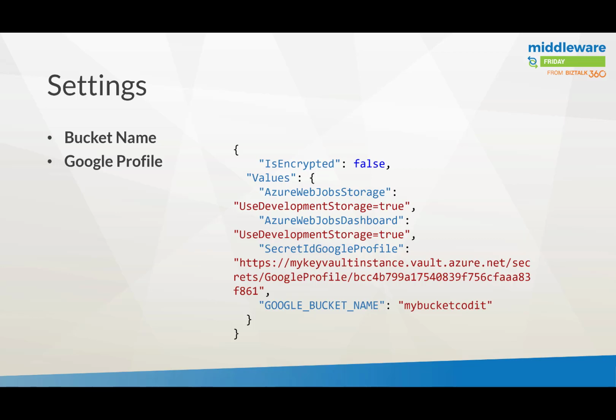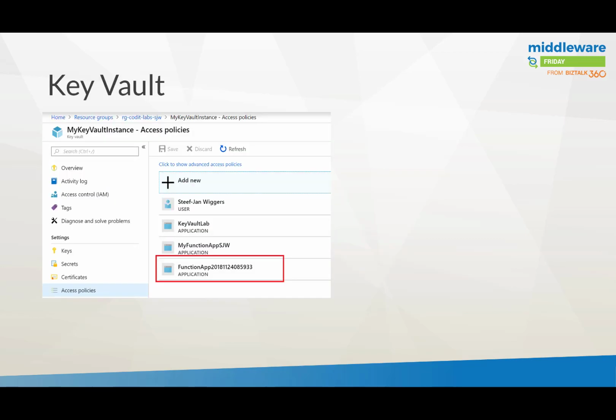If you locally have your function and you run it, it will go to a Key Vault URI, as you can see here, and also in the settings there's the name of the bucket. So the Google profile is more or less that file, and I'll give you an example of it later, which I'll put in Key Vault.